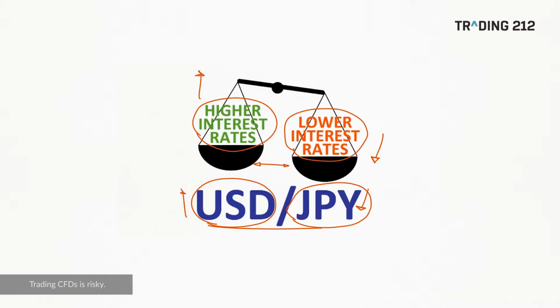So once again, if it was lower rates in the US, that would be dragging on the dollar. If it was lower rates in Japan, then that change in rates would be a drag on the yen. And of course, it's central banks that have a large influence over interest rates. So central banks hold sway to a large degree over the strength of the currencies that they're in charge of.